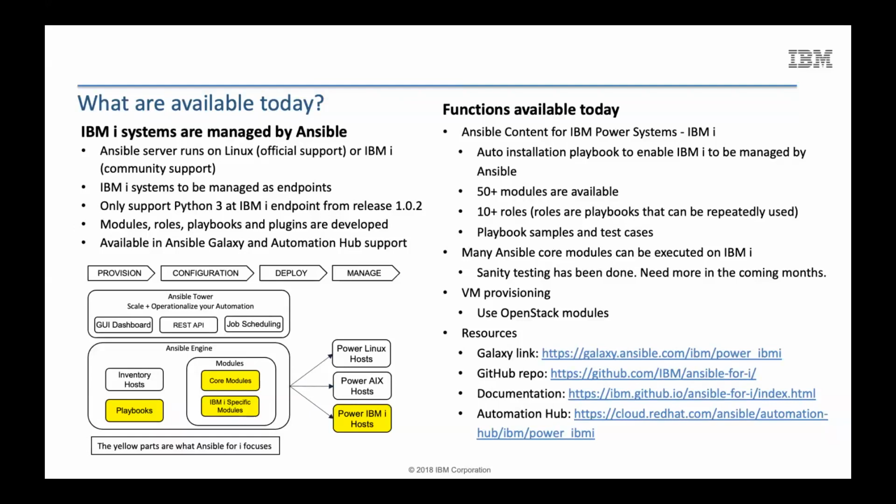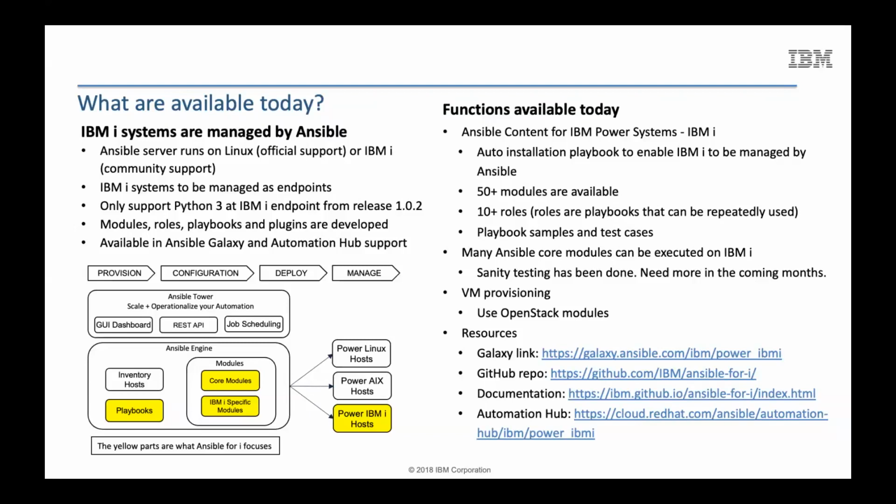But I still think running Ansible engine on IBM i could be beneficial. And Jesse's team has open source enterprise support from the IBM i team's perspective. So if you want to run Ansible engine on IBM i, you probably want to contact Jesse's team for further information on how they can support your enterprise needs.